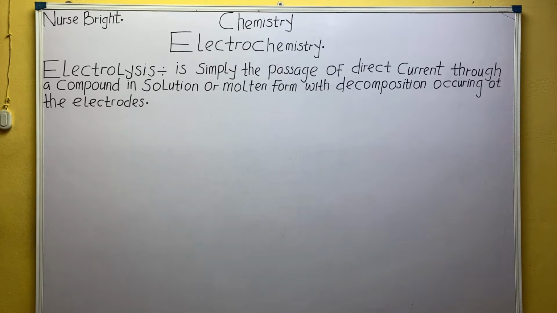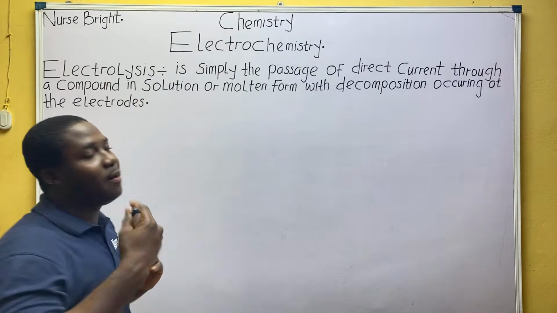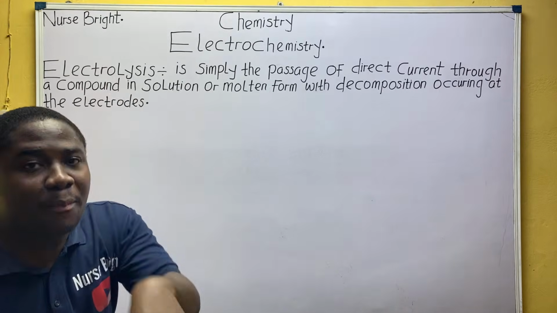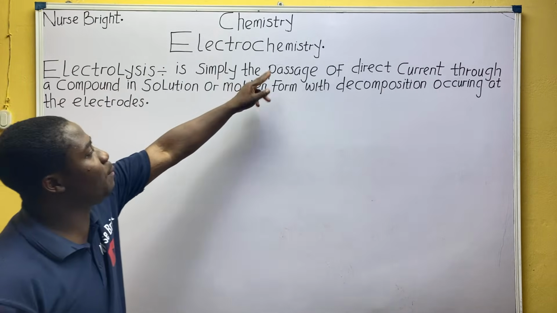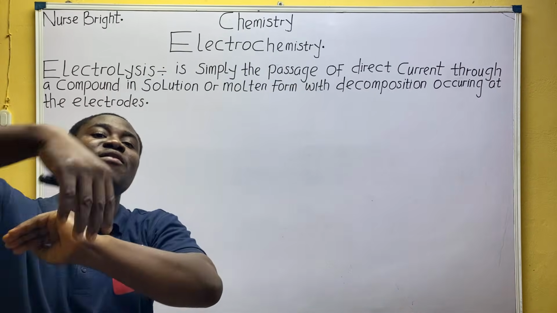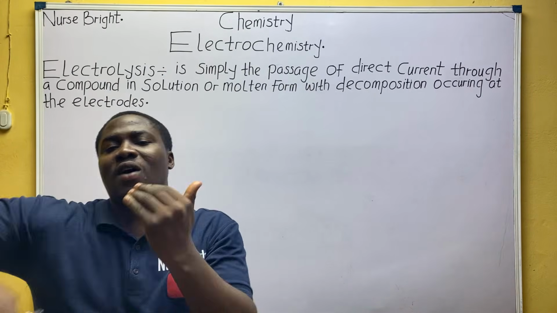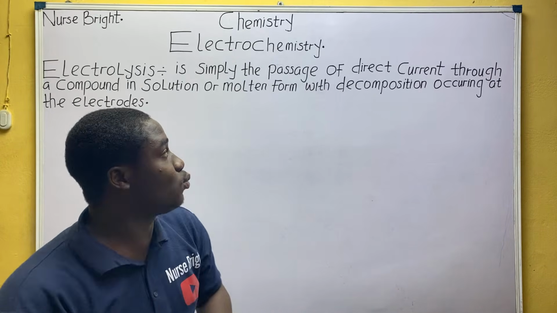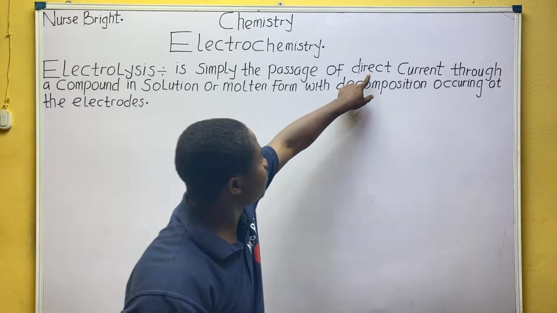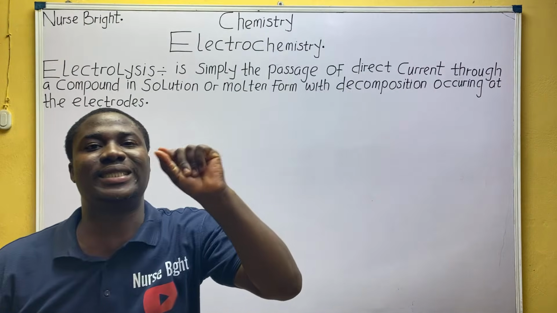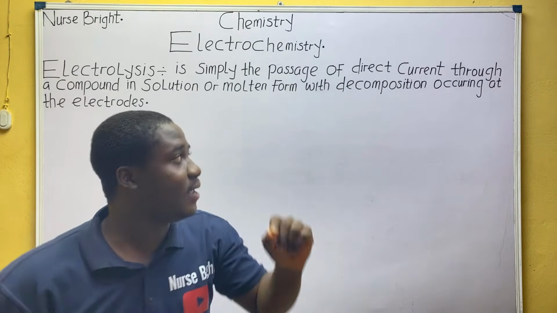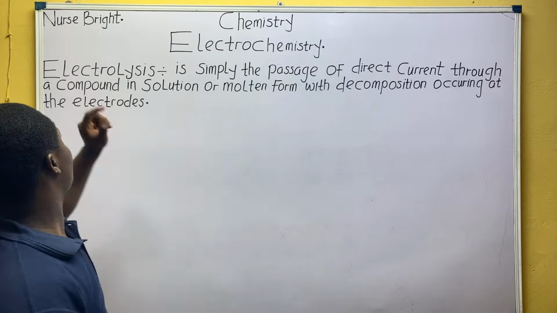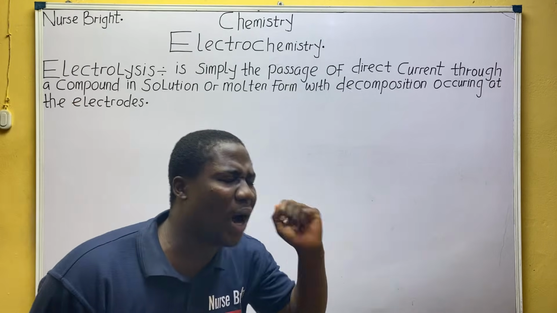So guys, without wasting much time, I repeat the definition one more time. Electrolysis is the passage of direct current. We have in physics another kind of current called alternating current. But in electrolysis, what is passed? Direct current, DC. And this current is passed through a compound.